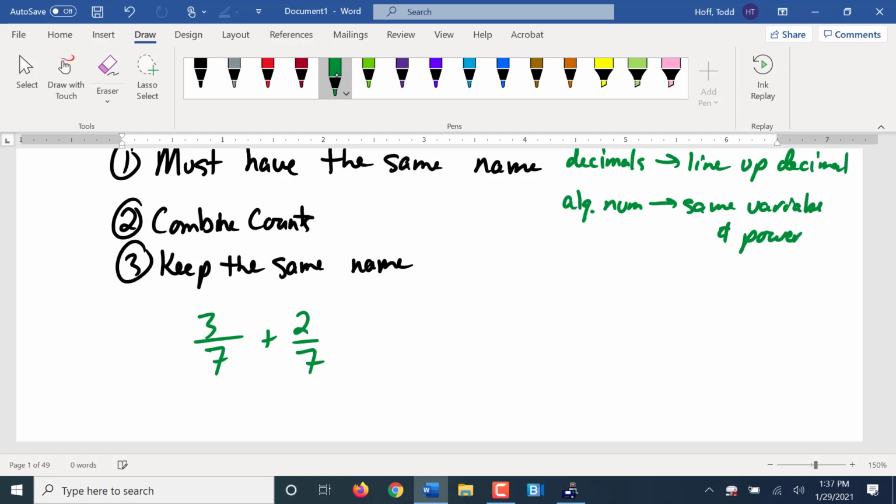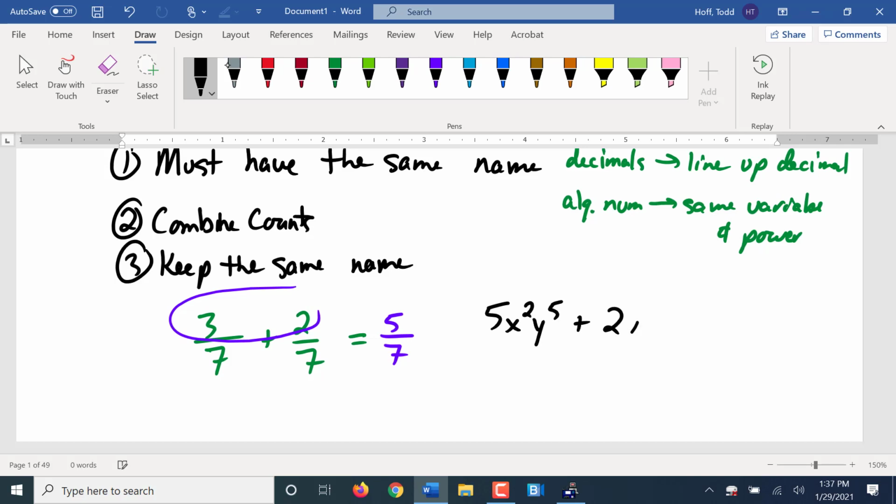If we had something like 3 7s plus 2 7s, those have the same name, so we combine the count. 3 plus 2 is 5, and we kept the name 7. If we had 5x squared y to the 5th plus 2x to the 3rd y to the 5th, could we add those? Careful.